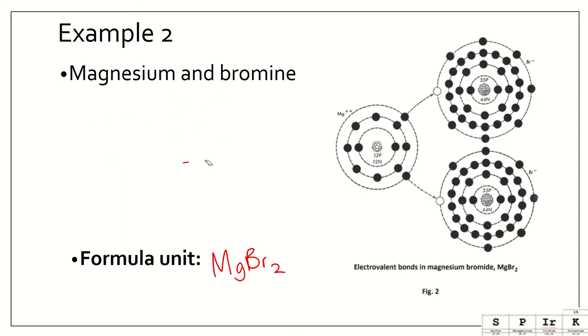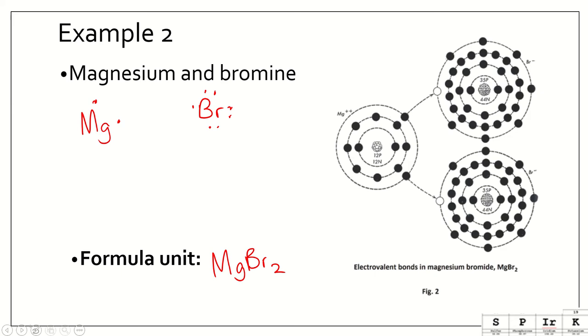There's another way that we can look at it, and we can look at their Bohr diagrams here to the right. You see there how the magnesium loses its electrons to a bromine here and a bromine there. Another way we can look at this is magnesium, we know, has 2 valence electrons. We look at their Lewis dot structures. Bromine has 7.